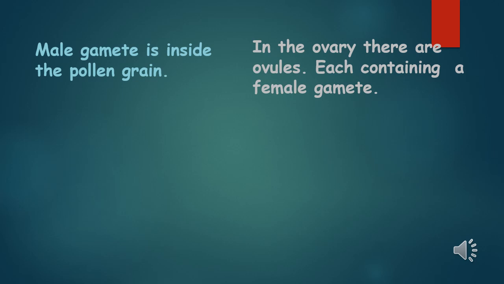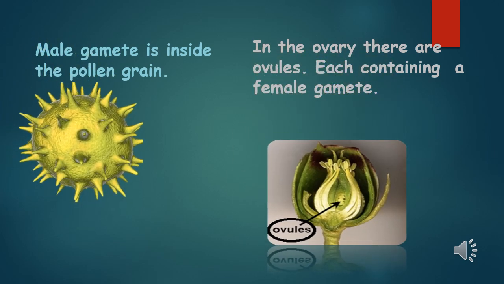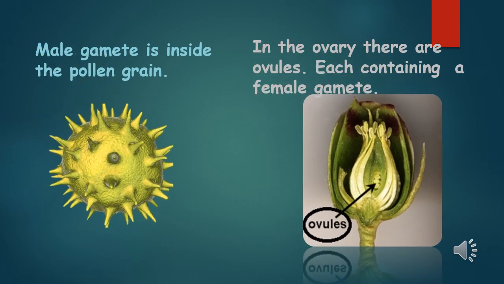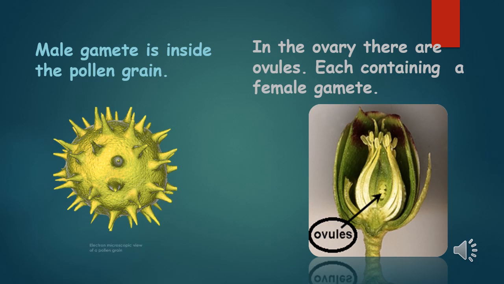In the ovary, there are ovules, each containing a female gamete. Now look at the two pictures given here. First picture, actually it's an electron microscopic view of a pollen grain. In the second picture, I have pointed the ovules which are there inside the ovary.